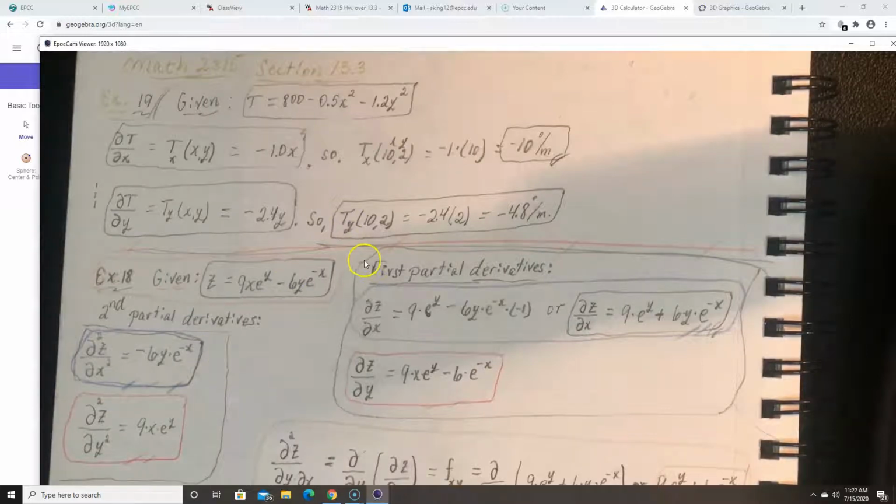You'll see in the next problem, actually. There is a y variable, though, still in this partial derivative with respect to y, and so you plug the 2 in. Negative 2.4 times 2 is the negative 4.8 degrees per meter. And so that's the rate of change at that surface point on the metal plate, but in the y direction.